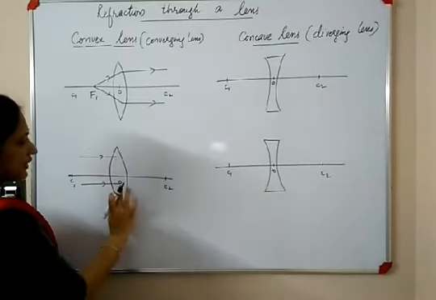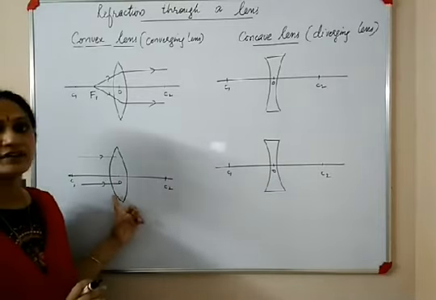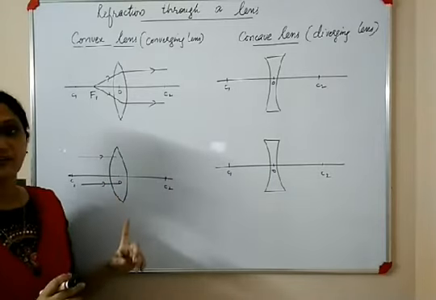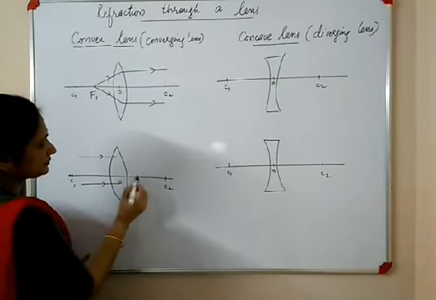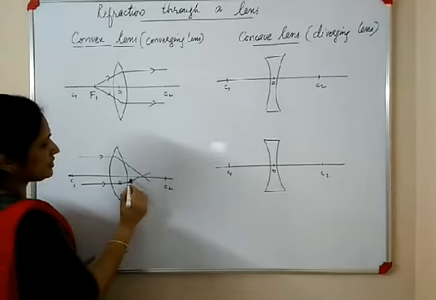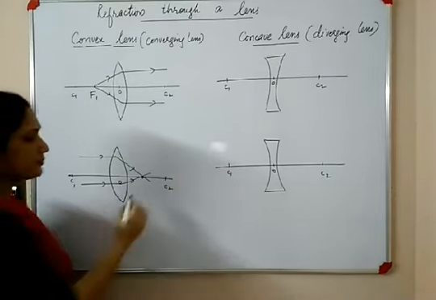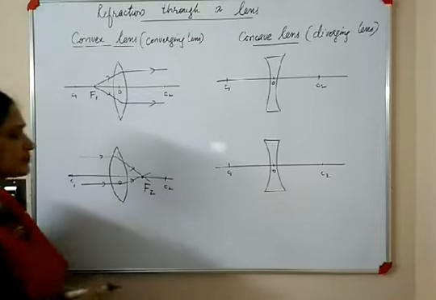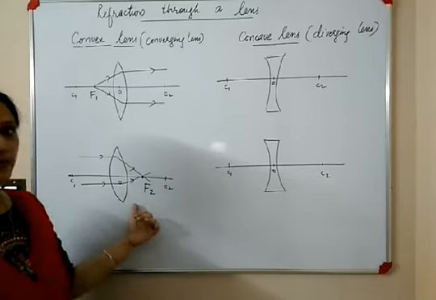So here two parallel rays are falling on a convex lens. See what happens after refraction. After refraction, they meet at a point. That point is known as the second principal focus of the convex lens.